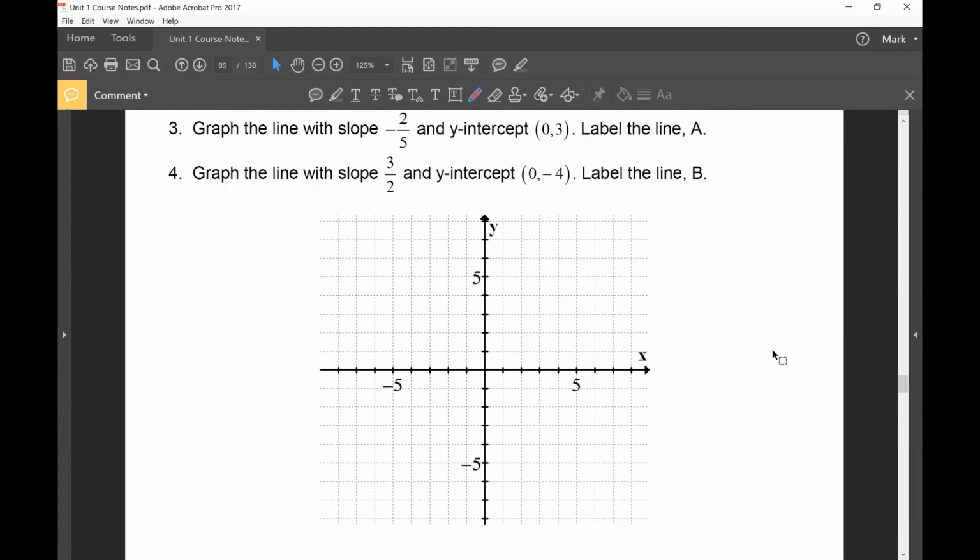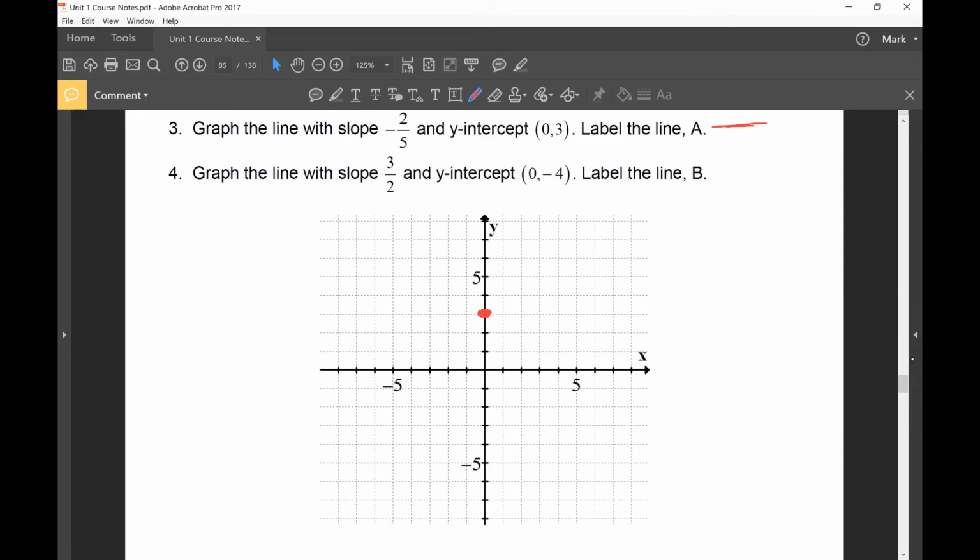Graph the line with the slope -2/5 and the intercept (0, 3). So let's start with the intercept. And guys, I'll make line A red and I'll make line B blue. So I'm going to start at (0, 3). There's my first point. And this says go with the slope -2 over 5.